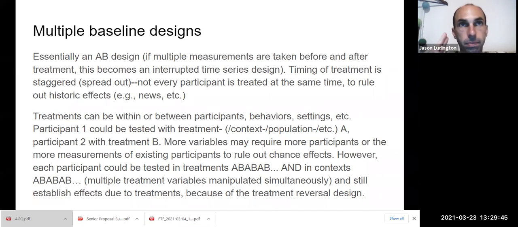They are the same. So if you want to know what internal validity is, it means the strength of evidence of causality. And when we use treatment reversal design, especially with a lot of reversals like AB, AB, AB, that provides very strong internal validity or strong evidence of causality.